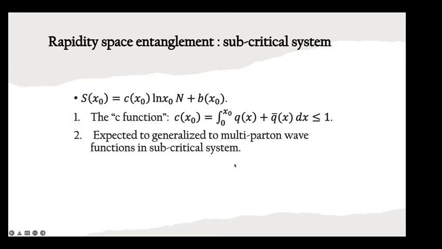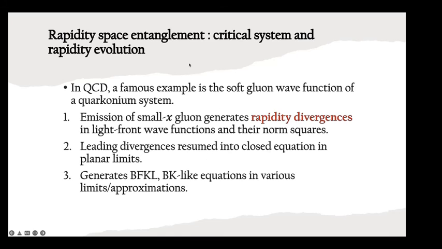So then we go to the more interesting situations, namely the critical system, where there are non-trivial evolutions in rapidity. So in QCD, we consider a very famous example, first investigated by Müller around 1993, which is the soft gluon wave functions of a quarkonium system.